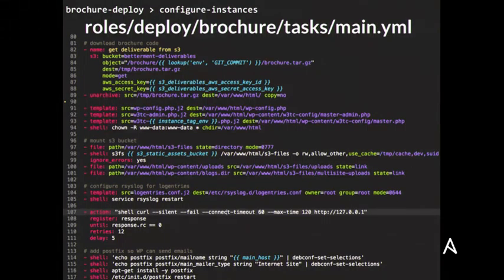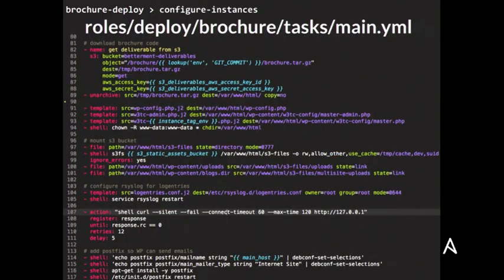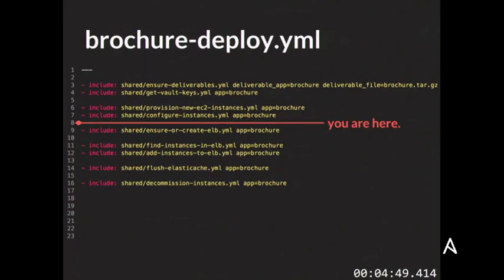Some of those secrets come out of the Ansible vault file, which has already been included. We apply syslog or rsyslog, and then we run this curl script via shell to ensure that Nginx is listening and all that stuff, so that when we tag this host as ready in the task there at the end, we can reliably say that it's ready.